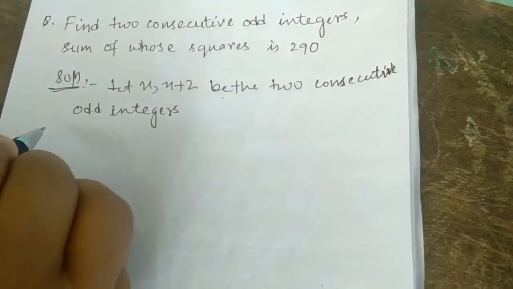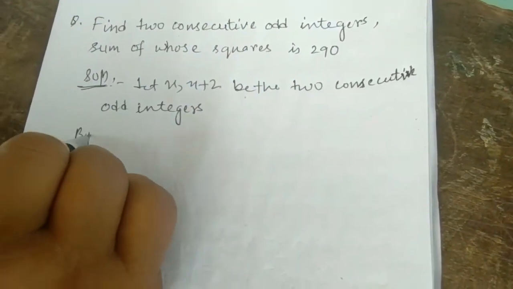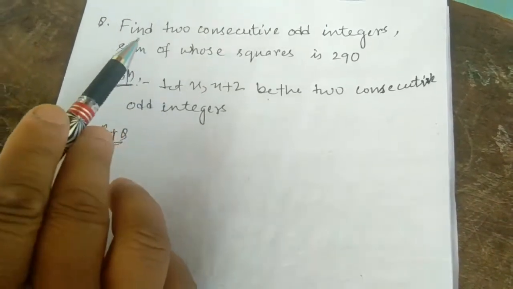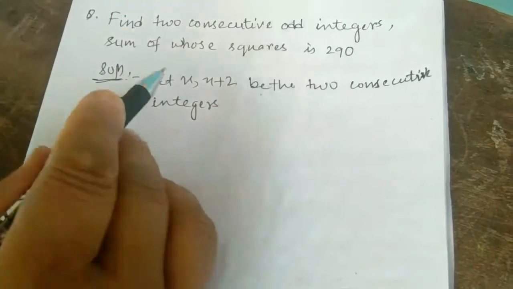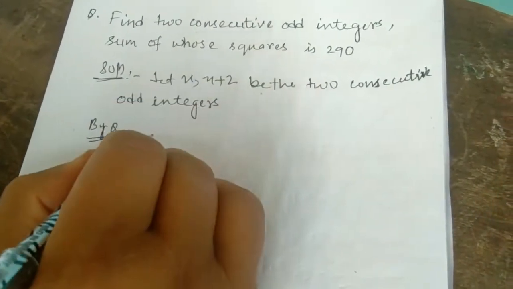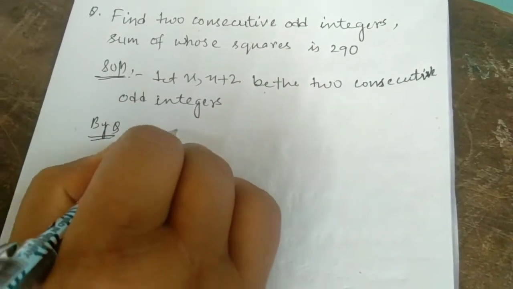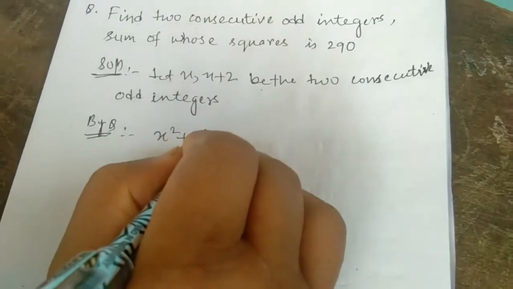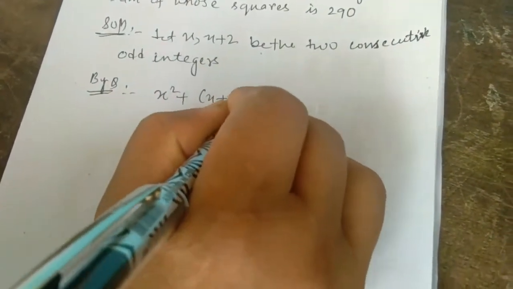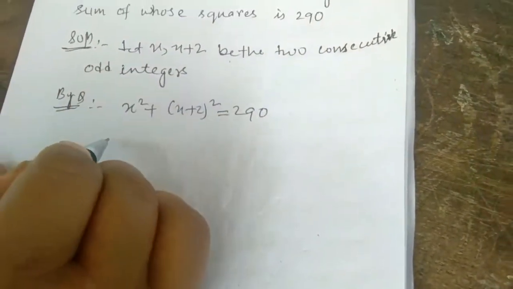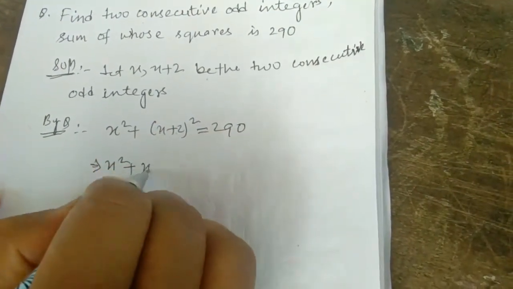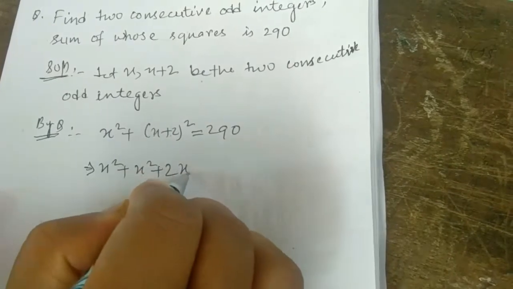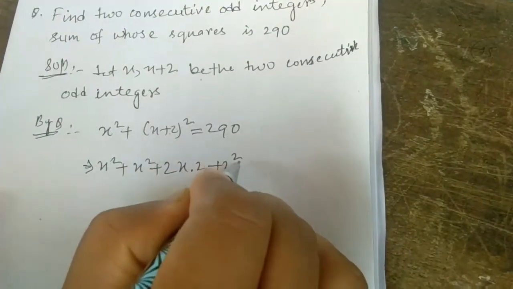Now, by the question part, look very carefully. It is given the sum of whose squares. Here, square means separate like that: x square plus (x plus 2) whole square equal to 290. Apply the formula (a plus b) whole square equals a square plus twice ab plus b square.